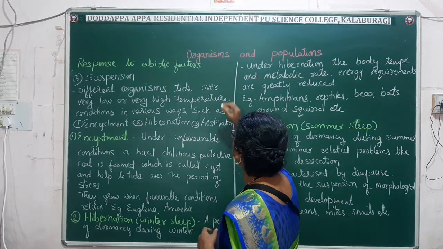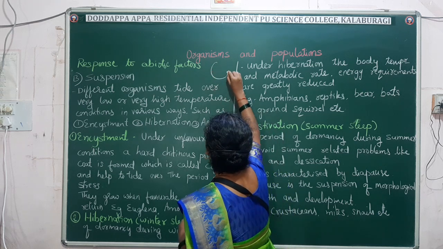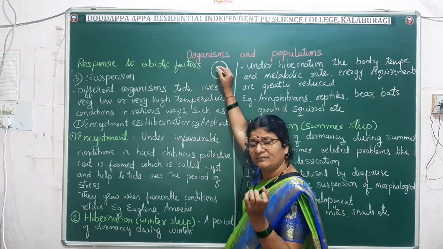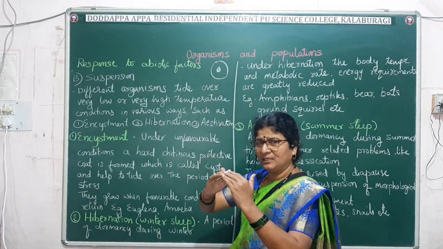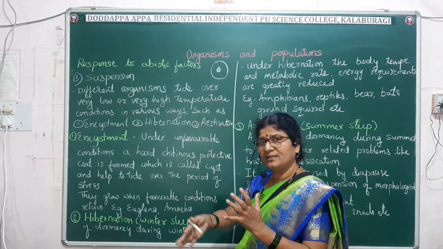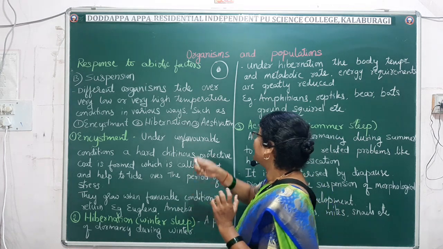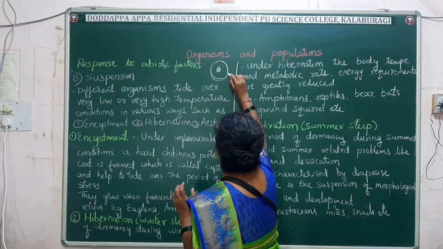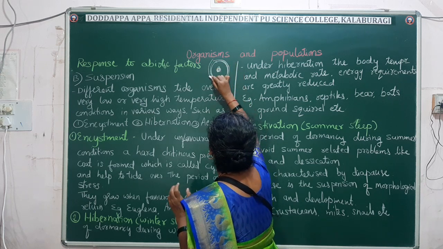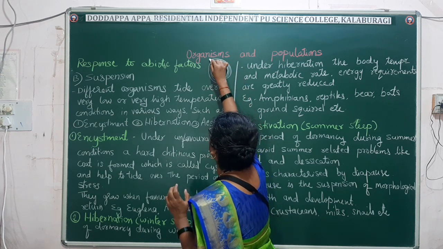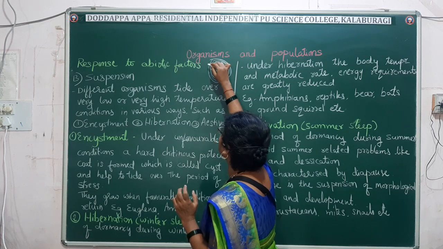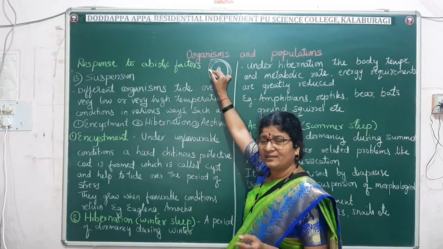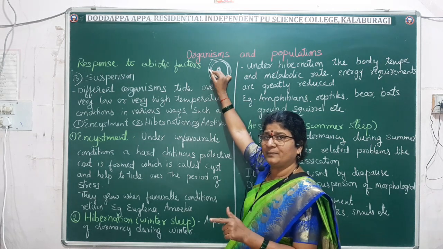For example, if you take amoeba, all the pseudopodia will vanish, that is, they become straight and water content is lost. And the cell will secrete a hard chitinous cover over itself. This chitinous protective layer has the capacity of withstanding high pressure and temperature.